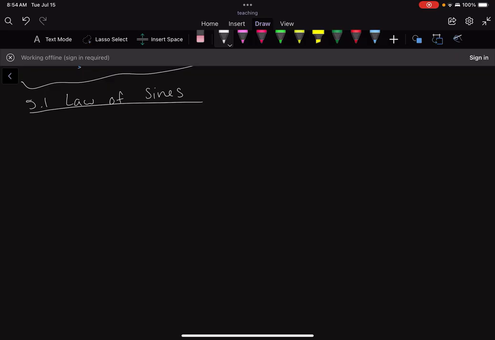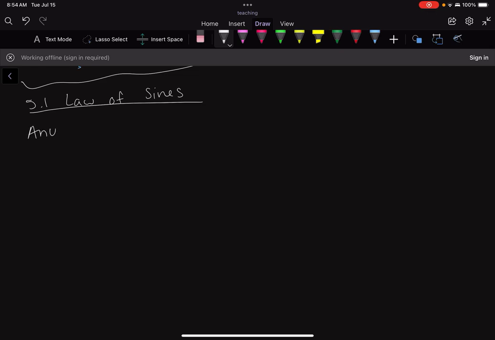If a triangle does not have a right angle, then we can't use Pythagorean theorem. We can't use our normal relationships of sine is opposite over hypotenuse. We can't use any of that because there is no hypotenuse. If there's no right angle, there's no hypotenuse. So you can't use any of that stuff.